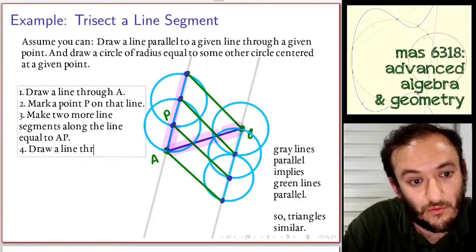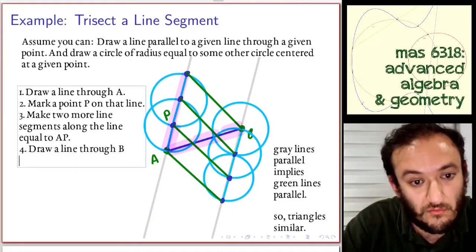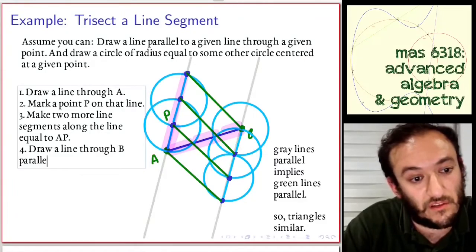Draw a line through B parallel to the other line.